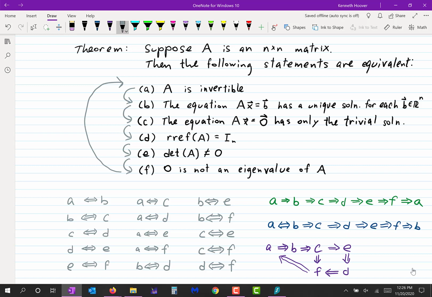Maybe in one step like that, by showing that F implies A, but maybe that's too hard. Maybe you can show that F implies C and C implies A. Or F implies C and C implies B and B implies A.